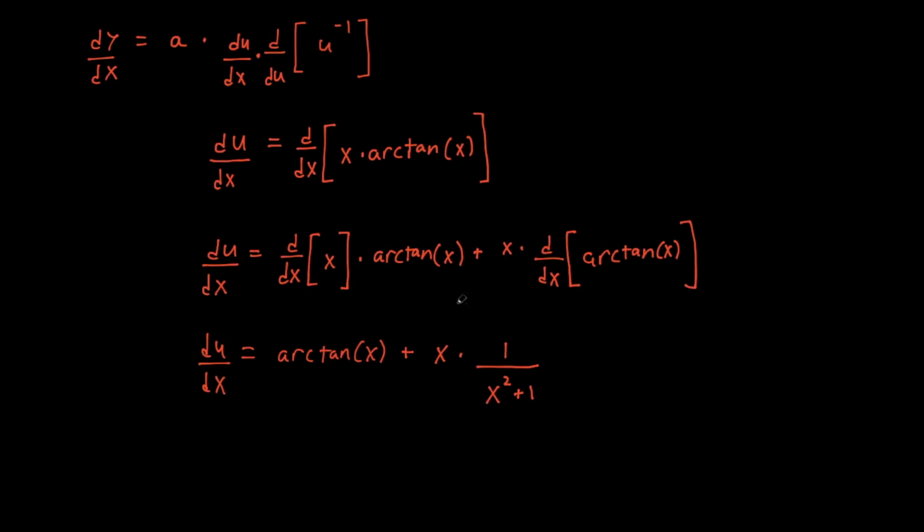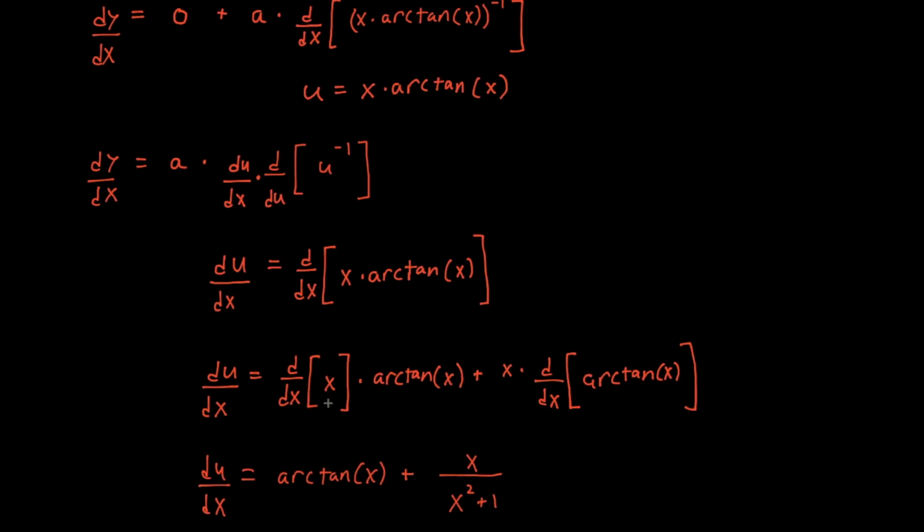So x times 1 is going to be equal to x, so we can move the x to this numerator here. Clean this up a bit. And we have du dx, this term that we're looking for.